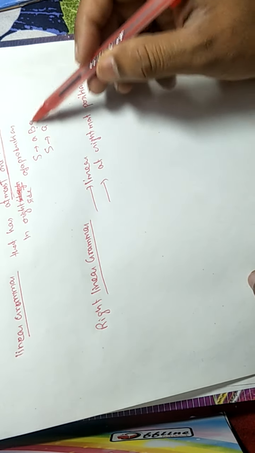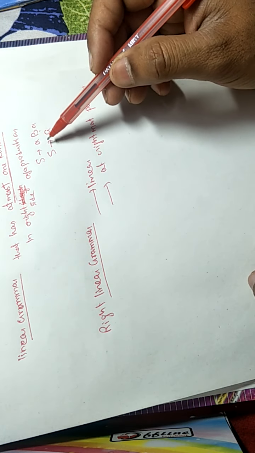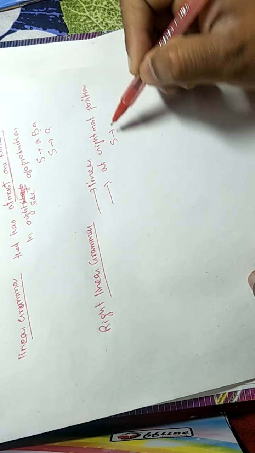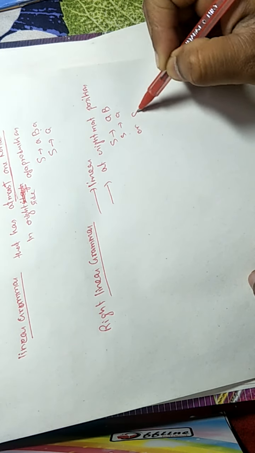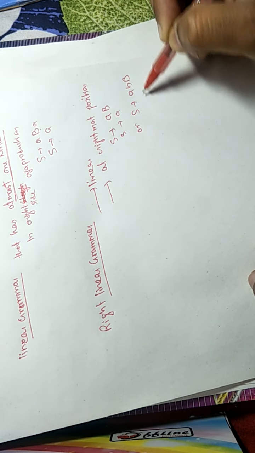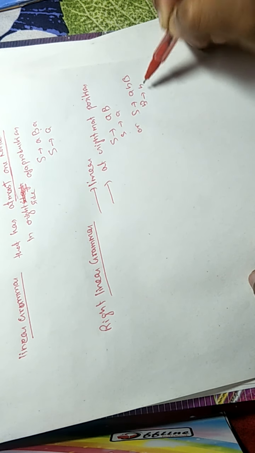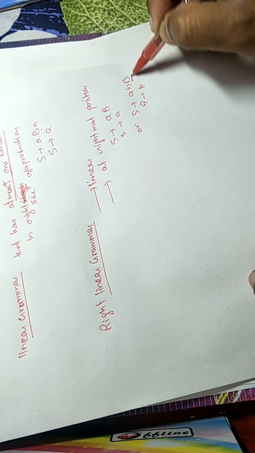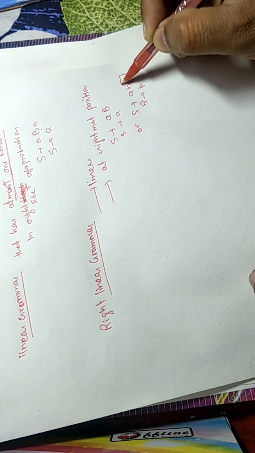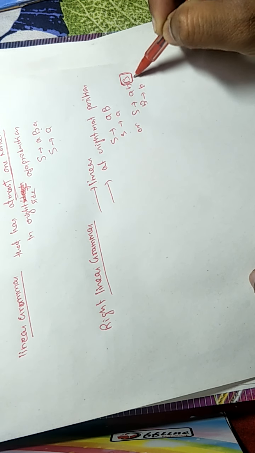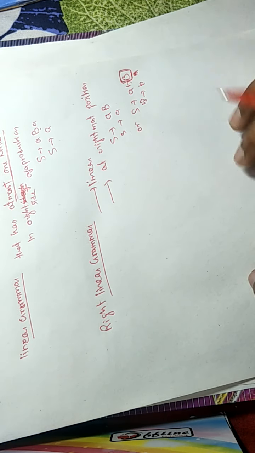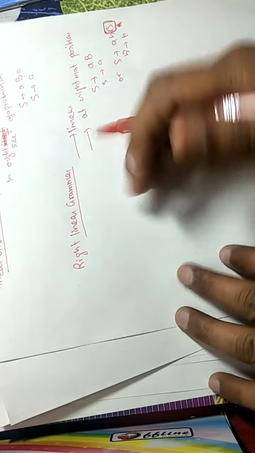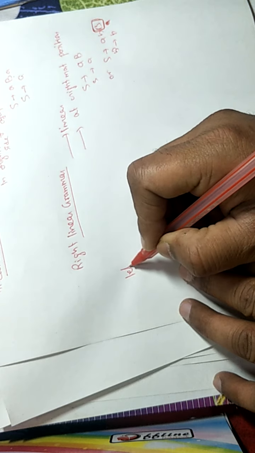So this one is linear, but it is not right linear. Right linear will look like this or this. These are right linear because there is maximum one non-terminal and it is at the rightmost position in the right side of a production.